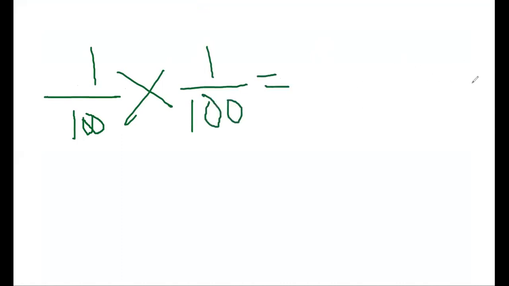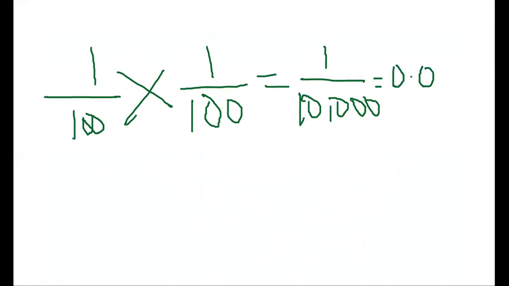One times one is what? 1. 100 times 100 is what? 10,000. 1 divided by 10,000 is what? 0.0001.